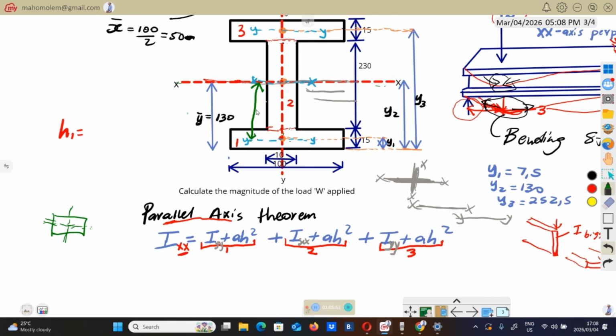Don't get surprised when they say h is the perpendicular distance between the axes. Check here. This line that I've just drawn is perpendicular to this axis. This line is perpendicular to this axis. So that's why they say perpendicular distance between this axis will be h.